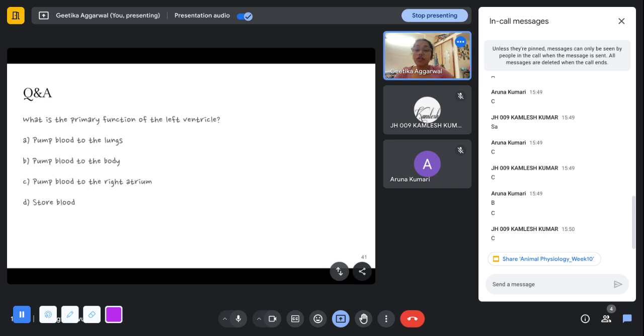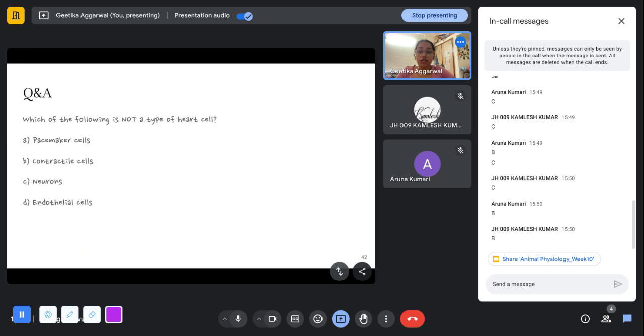Right. Which is the primary function of the left ventricle? What does the left ventricle do primarily? Correct. So basically the left ventricle is the one that pumps blood to the body. And it's the right ventricle that pumps blood to the lungs.